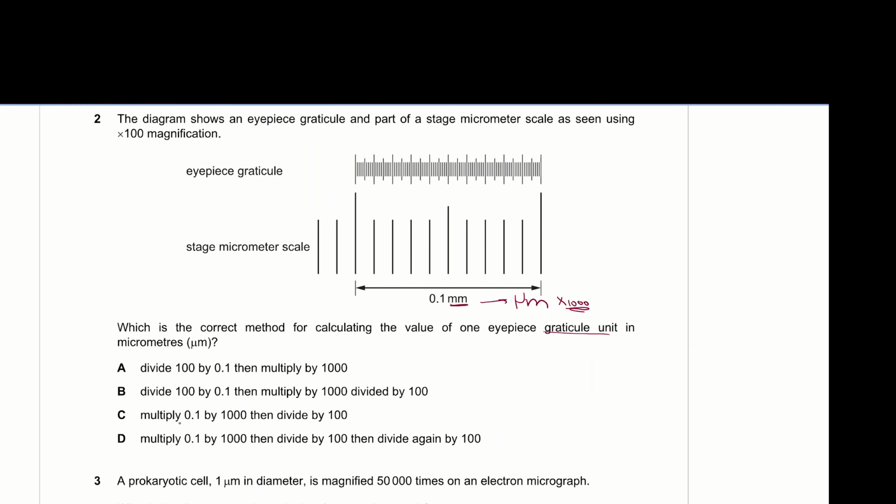Therefore, multiply 0.1 by 1000 is correct. Then what we do is we divide the length of the micrometer scale by the amount of units on the eyepiece graticule. Here it's standardized, we have 100 units on the eyepiece graticule. So it's going to be 100 divided by 100. So the only correct option is divide by 100 only, then it's going to be C.